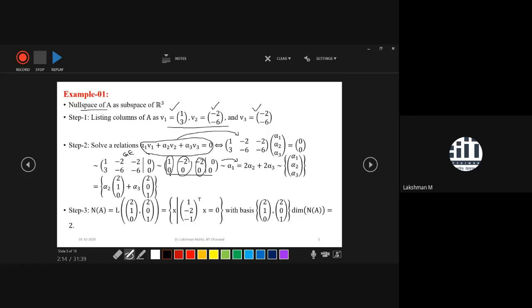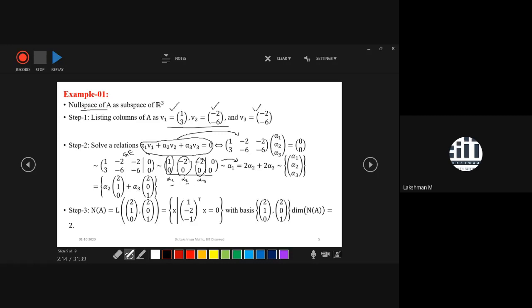So from here you can assign that the coefficient alpha 1 is associated with the first column, so alpha 1 would be the dependent variable, and alpha 2 is associated with a non-pivot column, and alpha 3 is also associated with a non-pivot column.